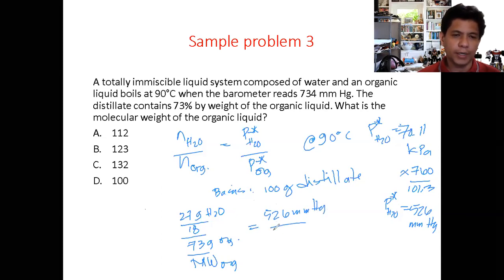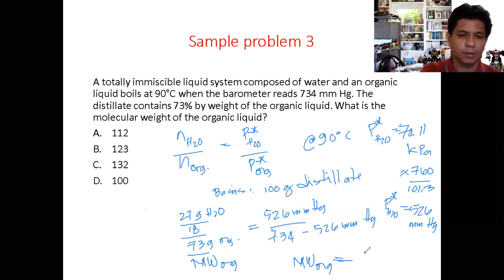And then P organic is 734 minus 526 millimeter mercury. So the molar mass of organic is, let's try to solve this in your calculator.